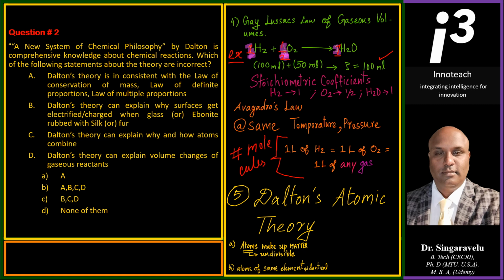And now Dalton's atomic theory. It says that atoms make up matter, and those atoms are indivisible. Atoms of the same element are identical irrespective of where they are found, for example, in different compounds.